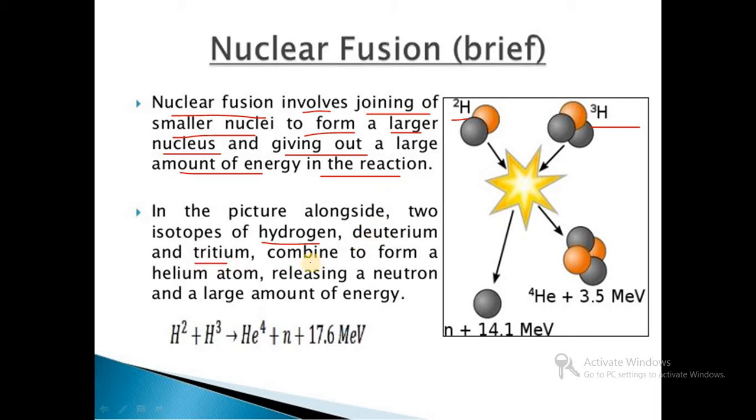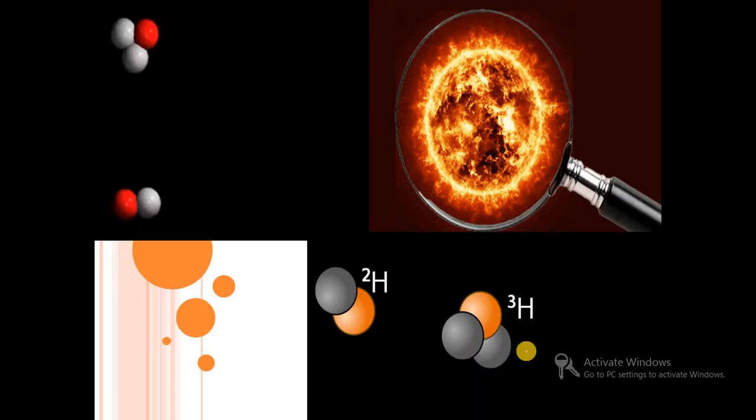Deuterium and tritium combine to form a helium nucleus, releasing a neutron and a large amount of energy, that is 17.6 million electron volt. This is the pictorial representation of nuclear fusion.